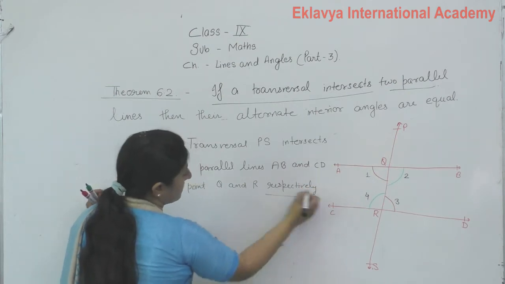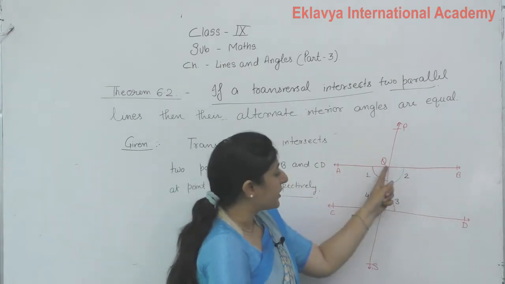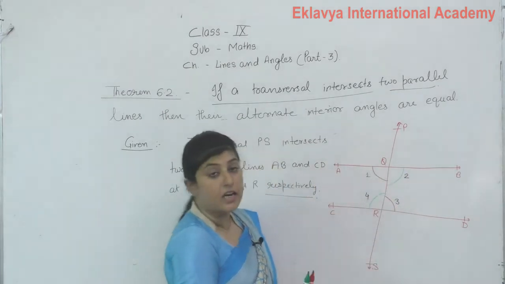What is the meaning of respectively here? It means PS intersects AB at point Q and CD at point R.